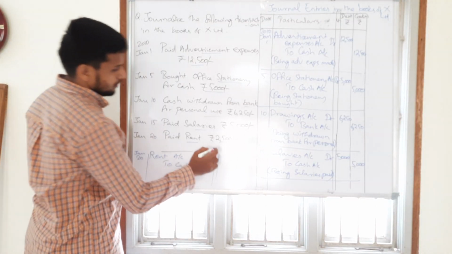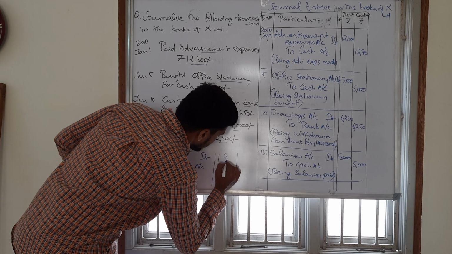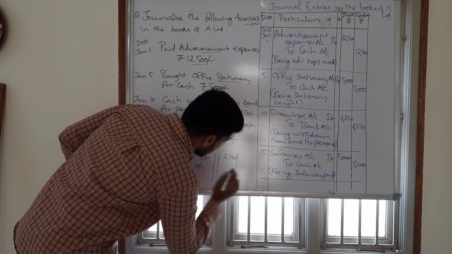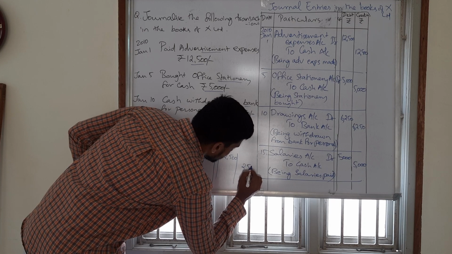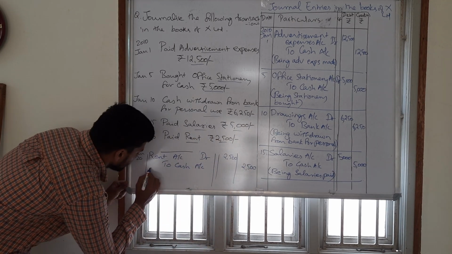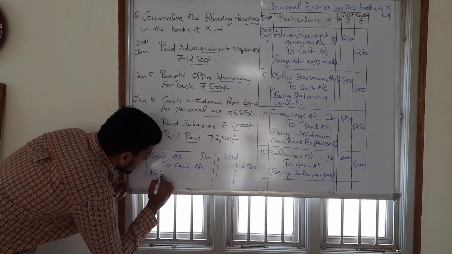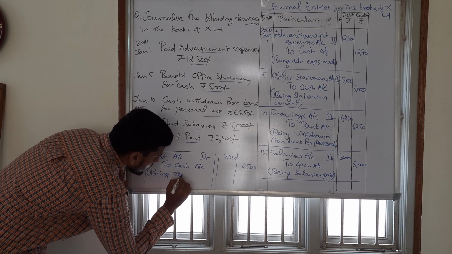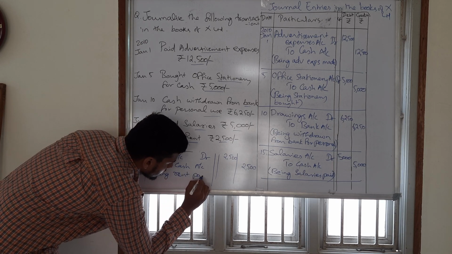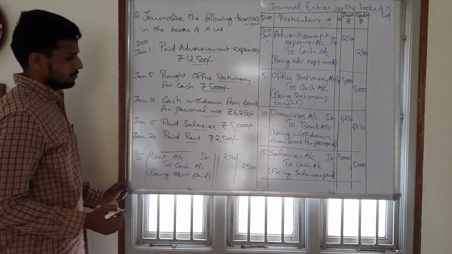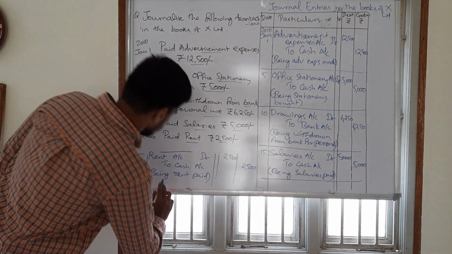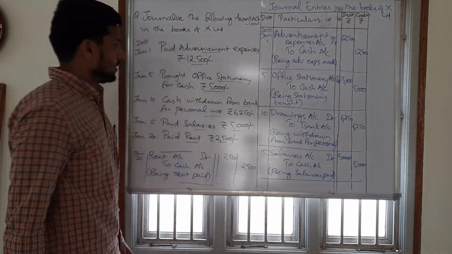What is the amount? 2,500, and here also 2,500, being rent paid. Okay, being rent paid. That's all.